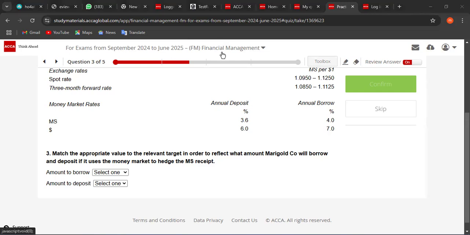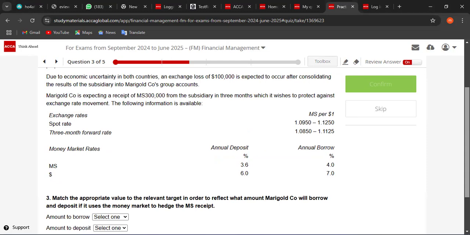Now see, guys, amount to borrow. As this is the receipt question, I told you the first step is the present value of foreign currency. So foreign currency in this question is what? This is 300.